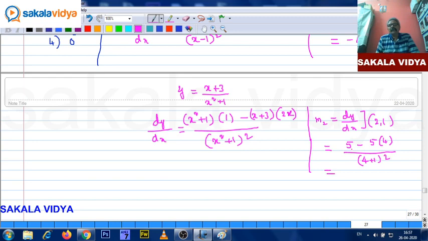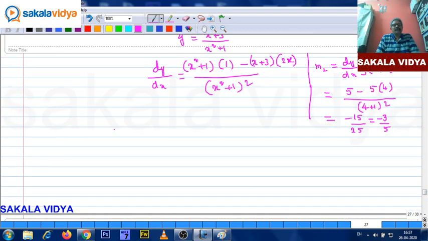This will be 5 minus 20 minus 15 by 25, correct. So, this is minus 20 plus 5, that is minus 15, and 4 plus 1 squared is 25. 5 threes are 15, 5 fives are 25, minus 3 by 5. So, this is m2. So, next, what do we need to find out now?